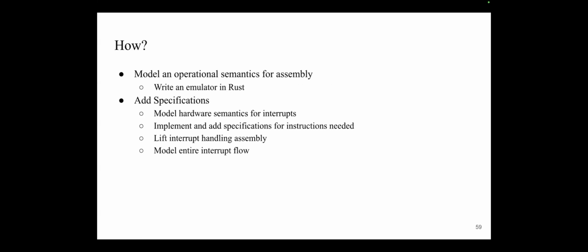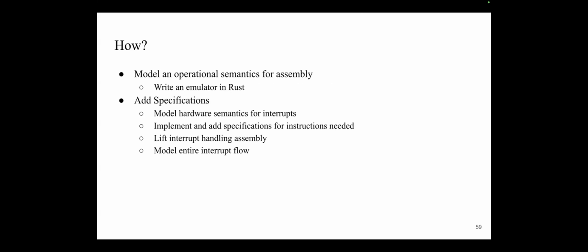The other bit is that hardware in general these days is super, super complicated, right? And so we'd have to model a bunch of things, like a bunch of bits and how they change with different operations. But luckily for us, we only really care about hardware interrupt semantics. We don't necessarily care about every single aspect of the hardware. And that actually makes our job a lot easier. Okay, so what are we going to do?